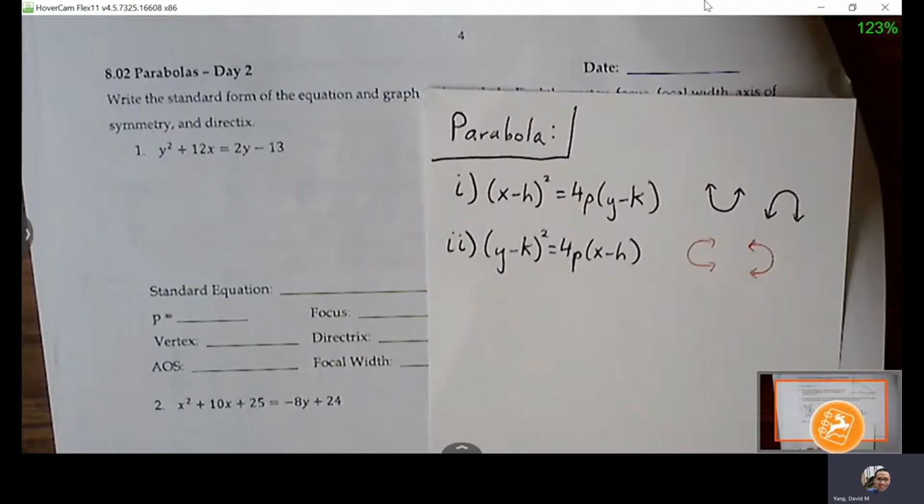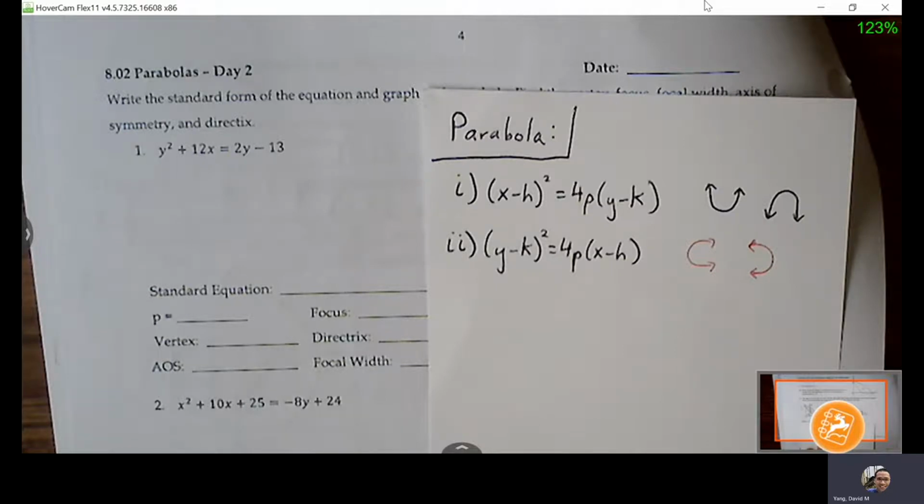Okay, if you guys can turn to page 4, we're going to be moving slowly through this unit. So today we're going to be working on parabolas. Tomorrow we'll still be working on parabolas. We're going to be extending the algebra, or the steps, or the being able to get the parabola down to that standard form.